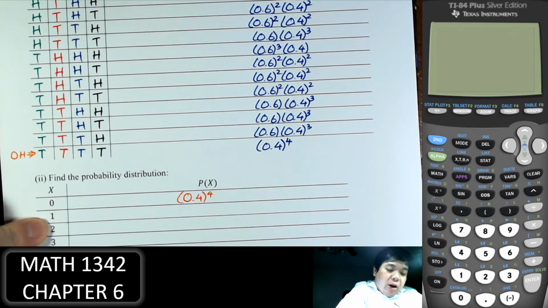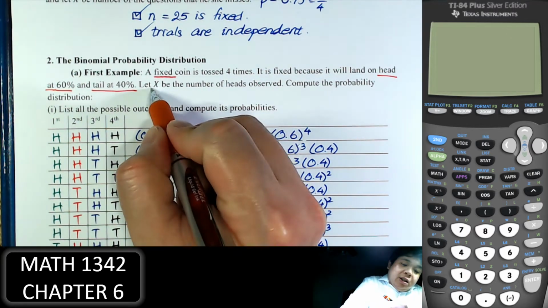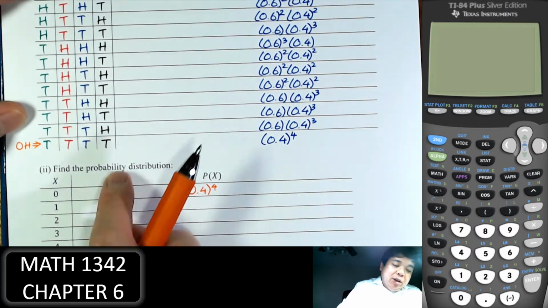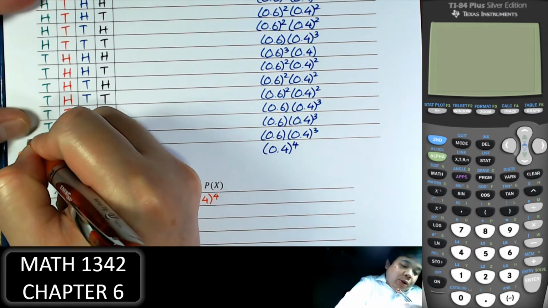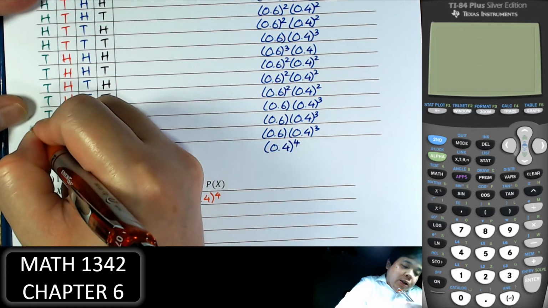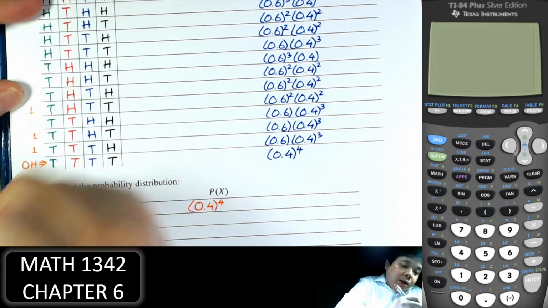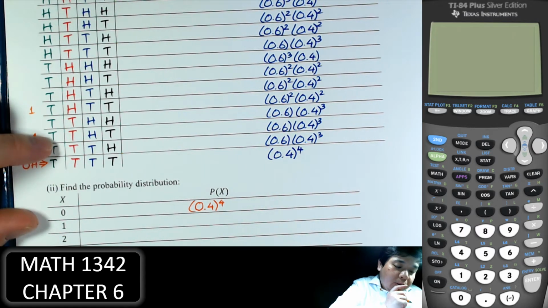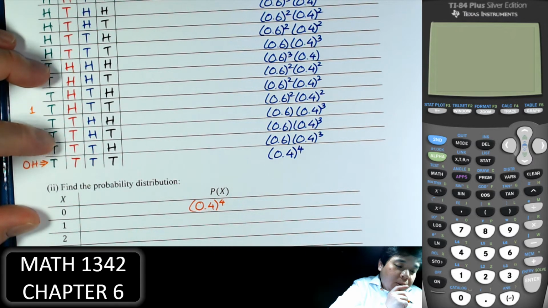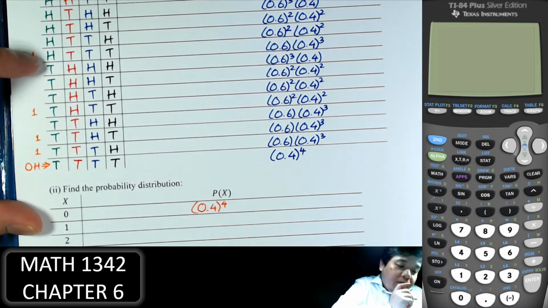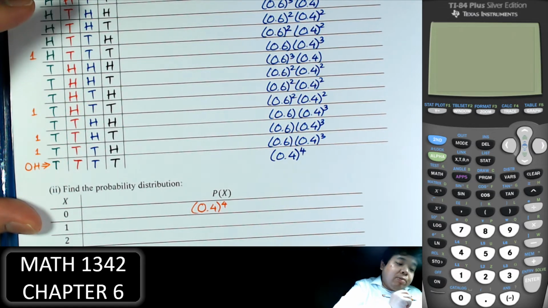Now let X be the number of heads. How many of these have 1 head? There is 1 head here, 1 head here, and so on. There are 4 of them.